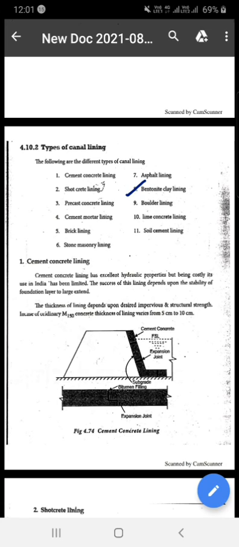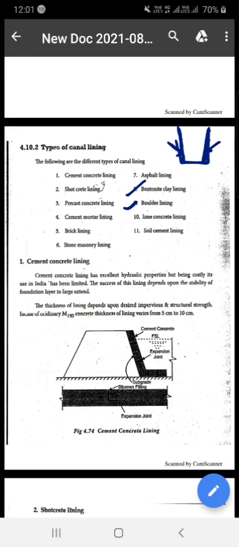Whenever we see any kind of excavation, so that the soil does not cave in, we use bentonite clay to stabilize the sides of the excavation. It is also called drilling mud. We use this mud while drilling to stabilize the sides, so that the excavation does not cave in.